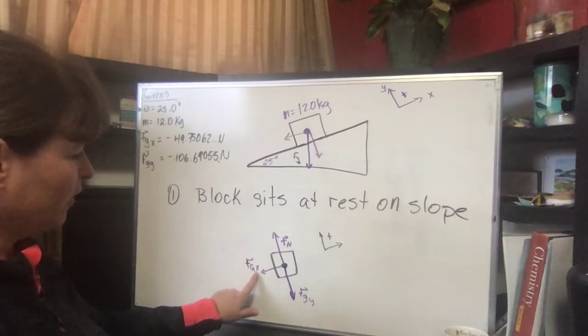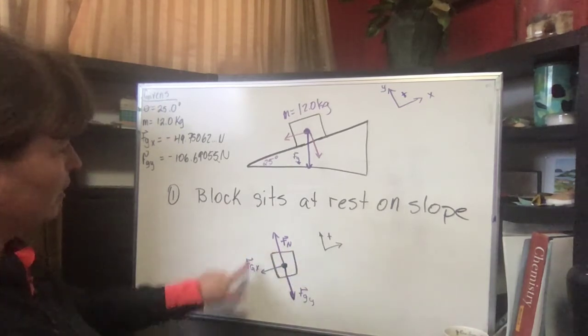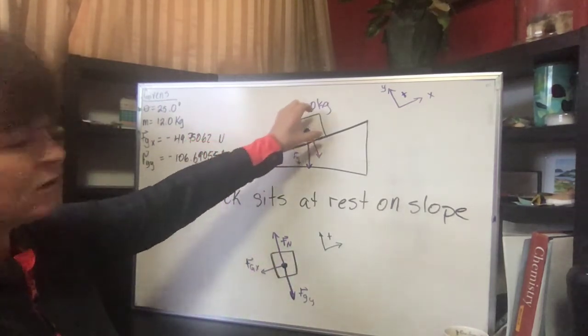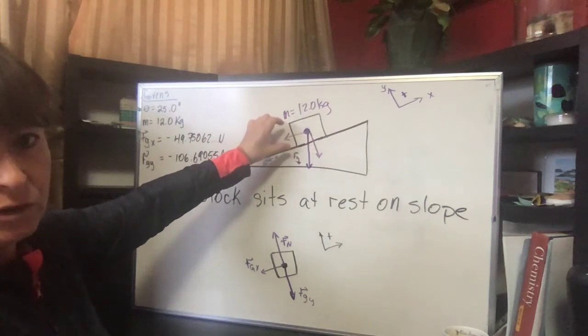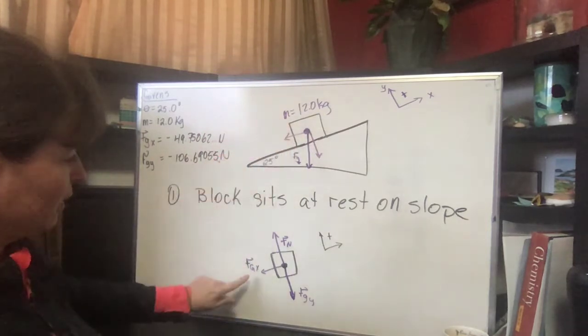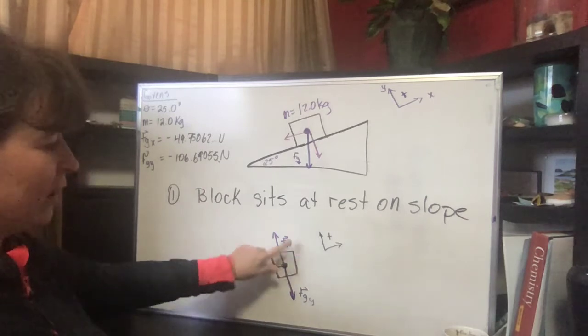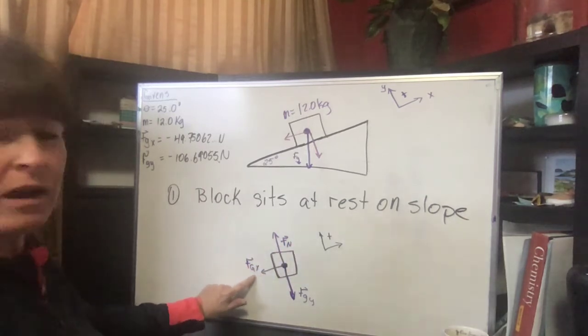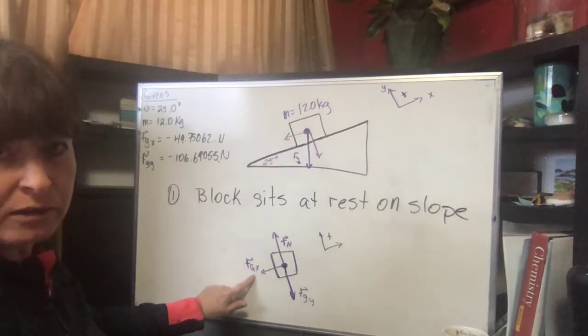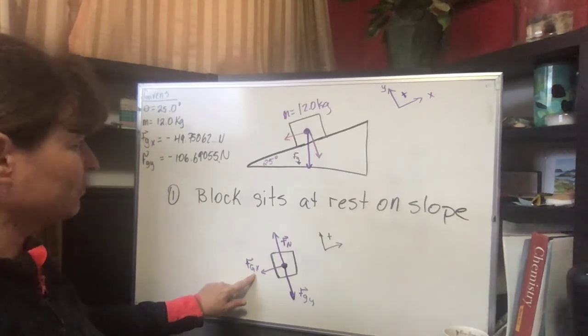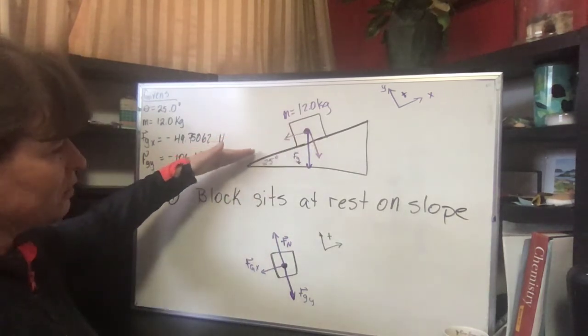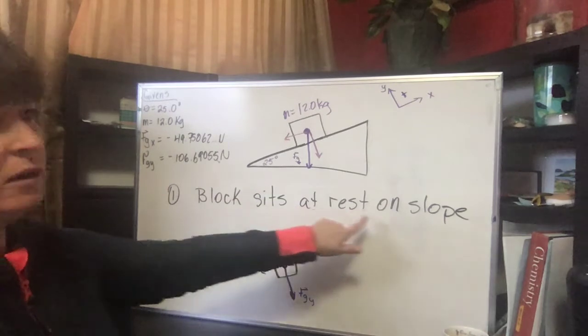Now, if I have a look at my x dimension now, I've got my box sitting on the slope and it's not moving. Why isn't it moving? Because the way I have it drawn so far, I have an unbalanced force in the x dimension. I have force of gravity pulling the box down the slope, but I've told you it's sitting at rest.